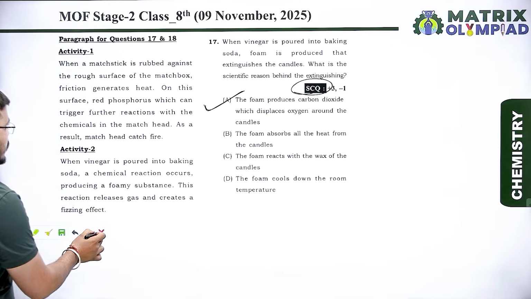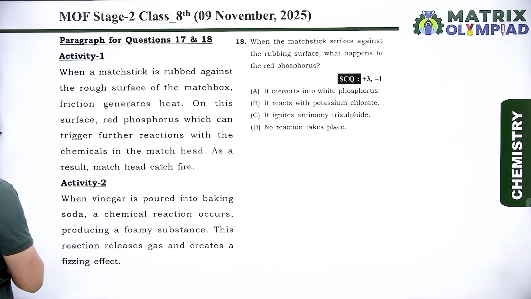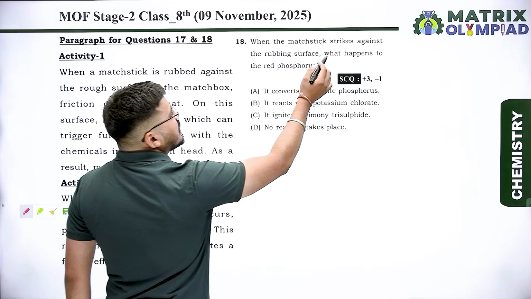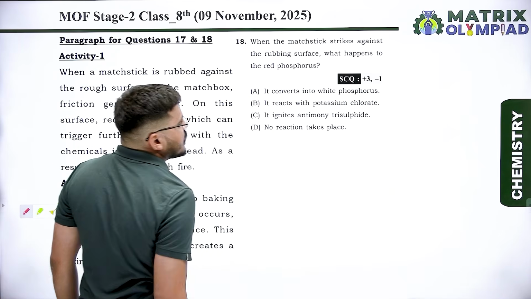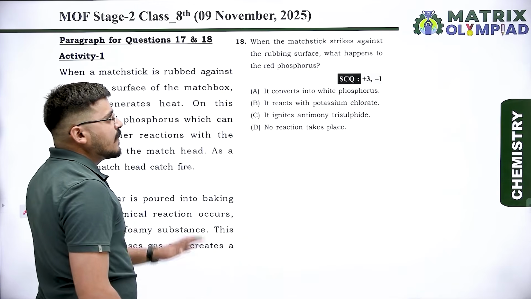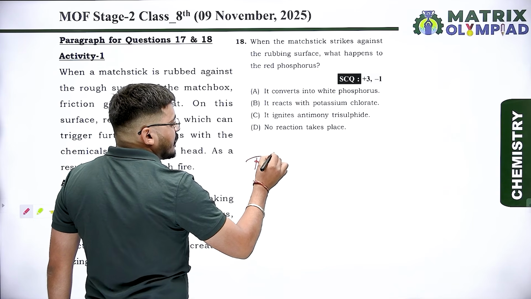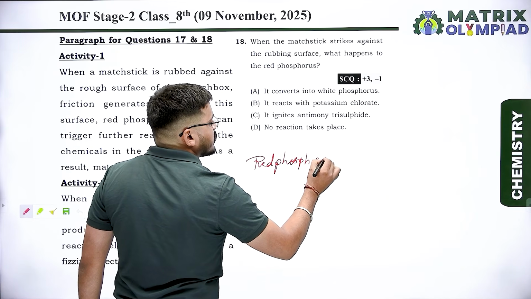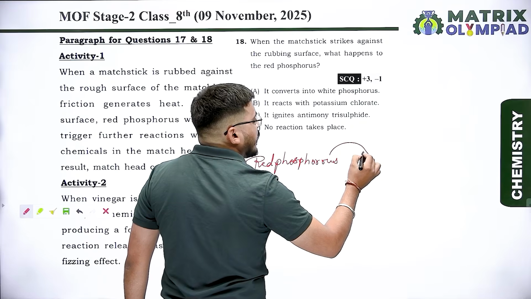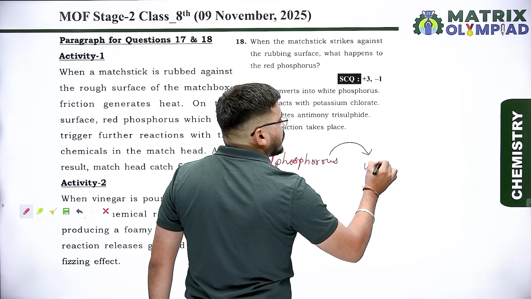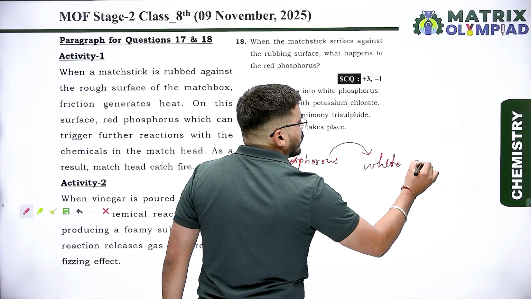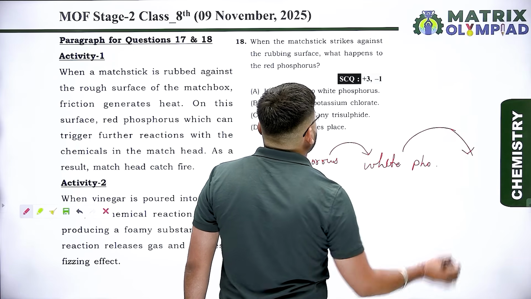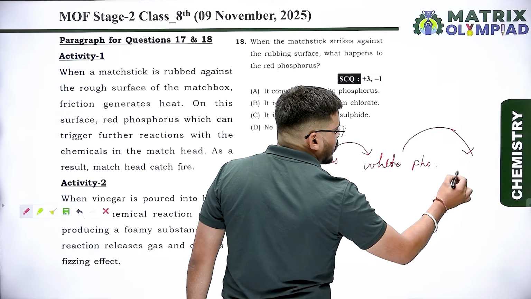Let's move to the next question, question number 18, which is also based on the same two activities. When the matchstick strikes against the rubbing surface, what happens to the red phosphorus? The red phosphorus is converted into white phosphorus, and this white phosphorus further reacts with potassium chlorate.